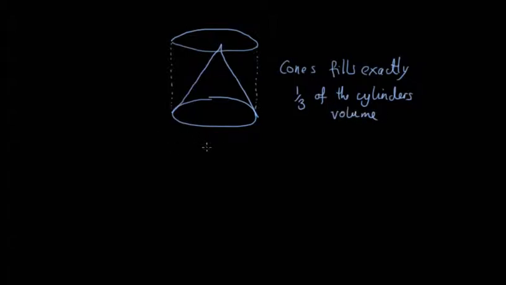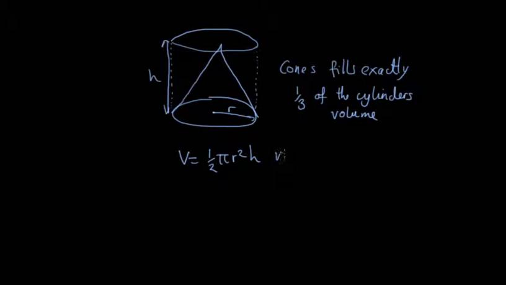So the volume of a cone is 1/3 pi r squared h, where r is the radius of the cylinder or the radius of the base of the cone, and h would be the height from the bottom of the cone to its apex, or the height of this imaginary cylinder that we've put our cone inside.